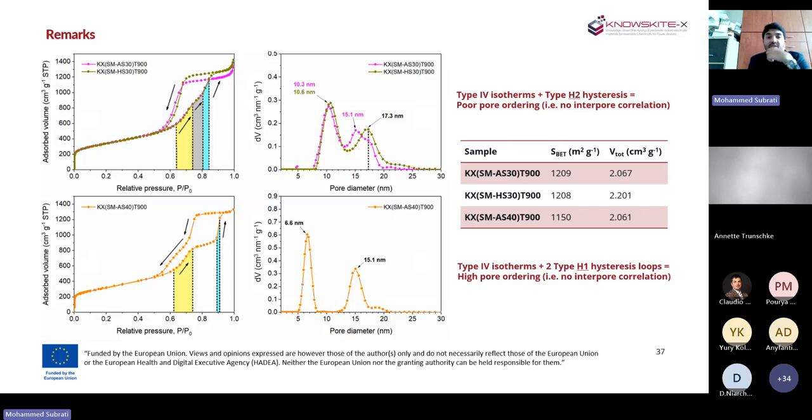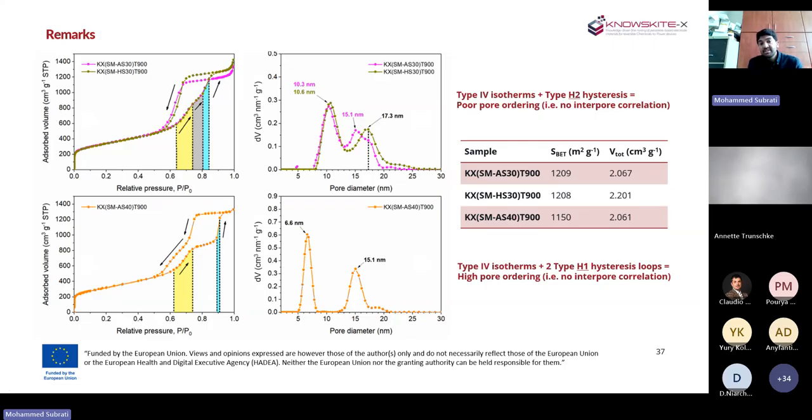And then also in the Knowskite project, we investigated whether you can tune the mesoporosity, and apparently it is tunable. So we considered two cases: two types of colloidal silica particles with minimal size contrast, and also with increased size contrast. As you can see, it is doable. Interestingly, it yields a very interesting shape for the isotherms and the hysteresis.